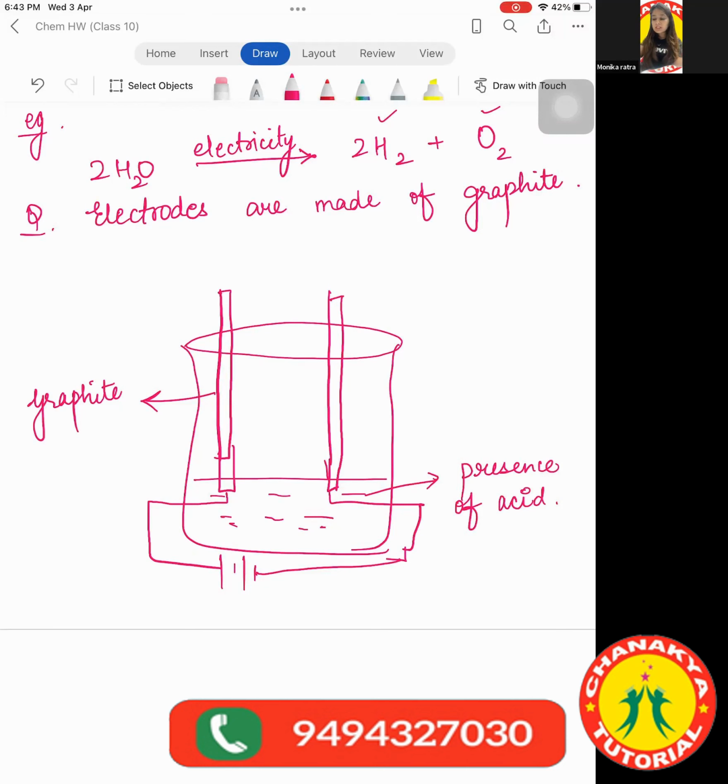It could be any acid, or generally H2SO4 is taken. This is the second thing which you need to know. Then the third thing which the question comes in the paper: which gas is released at cathode, and which is released at anode.